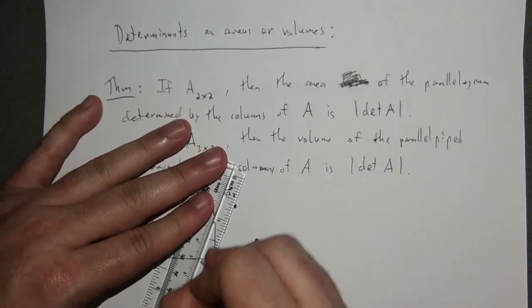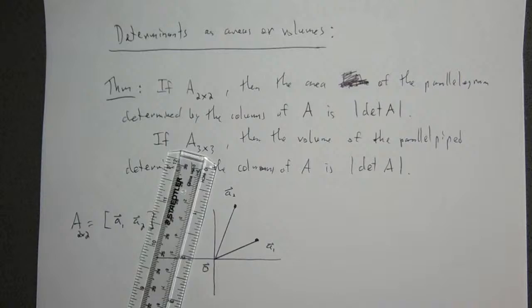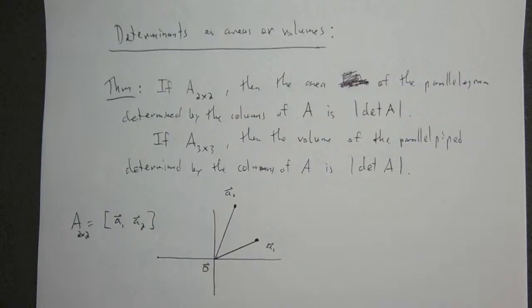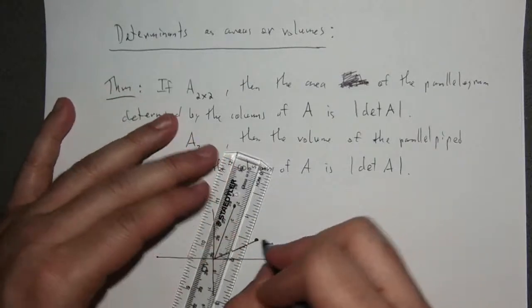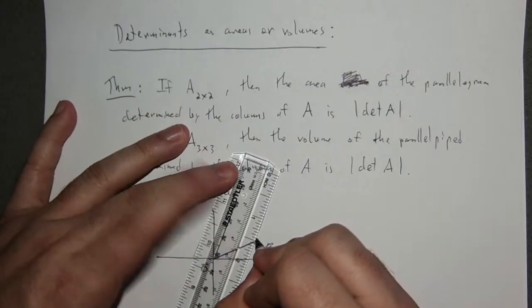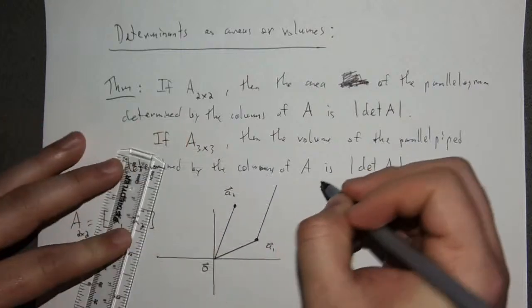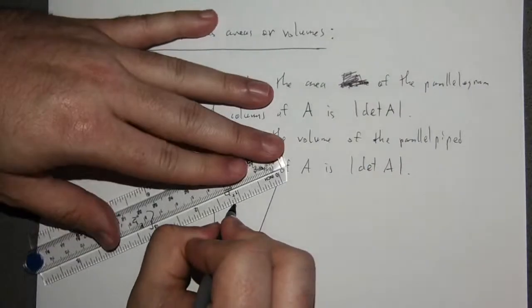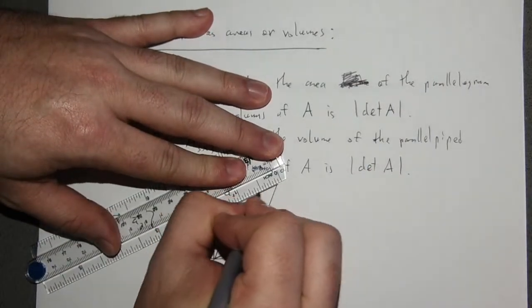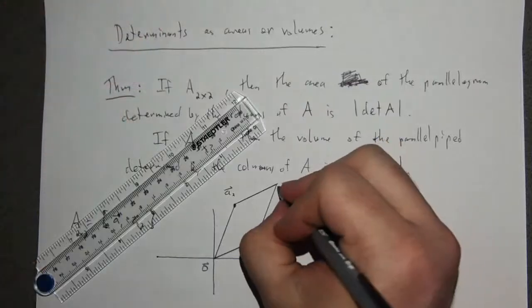Then, since these are in general position, I actually get a parallelogram out of this. So what is the associated parallelogram? These determine the obvious parallelogram where this other vertex is the sum of these vectors.